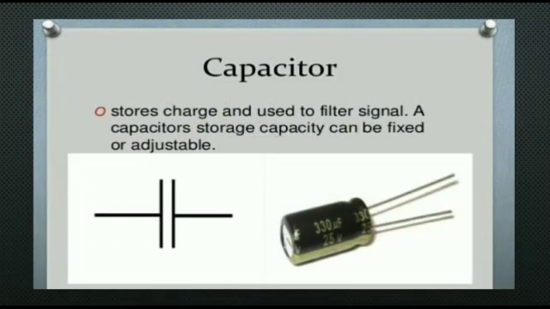Next, we know the capacitor. This is the picture of a capacitor, and this is the symbol. A capacitor is a charge storage device, and it is used to filter signals. A capacitor's storage capacity can be fixed or adjustable.